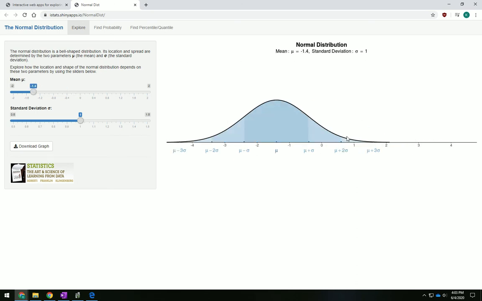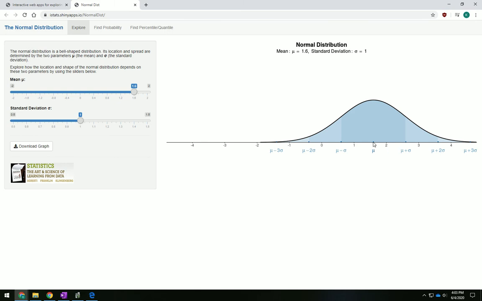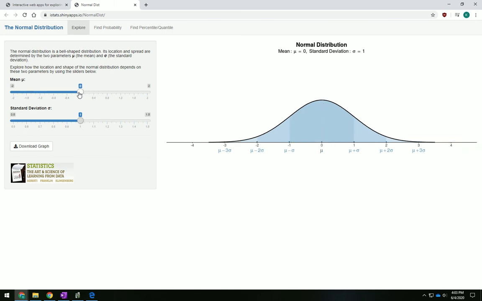And as I slide it, the entire picture, not the number line, but the picture itself, will slide, so it'll be centered above the appropriate value. So I could slide the average down to 2, so now it's directly above the value of 2. I could slide it all the way up to 1.6, and now that's where it rests. Or of course I could reset it back to 0.